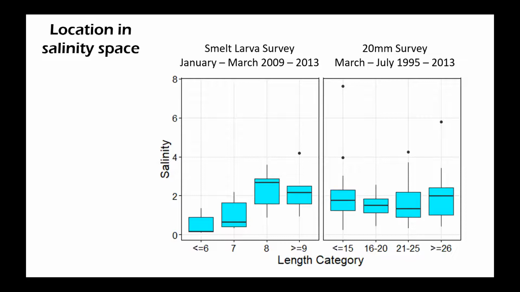What you see is that the salinity distribution increases with age or with size until about 8 millimeters, and then they gradually decrease, implying that with respect to the low salinity zone, the fish are moving rapidly into the low salinity zone and beyond it, and then moving back into it. So they go with flow, and then they stop. But we're missing the higher salinity data in these graphs, so we don't really quite know what's going on here.